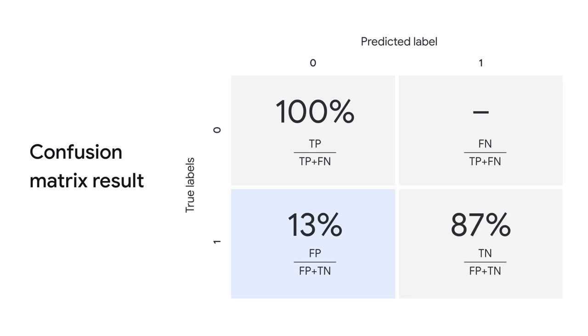This can lead to the bank rejecting potentially good customers, which is not ideal. Note that the false positive rate equals false positives divided by the sum of false positives and true negatives. Finally, 0% false negative rate. This means the model never incorrectly identifies a borrower who will repay their loan as a potential defaulter. Note that the false negative rate equals false negatives divided by the sum of true positives and false negatives.